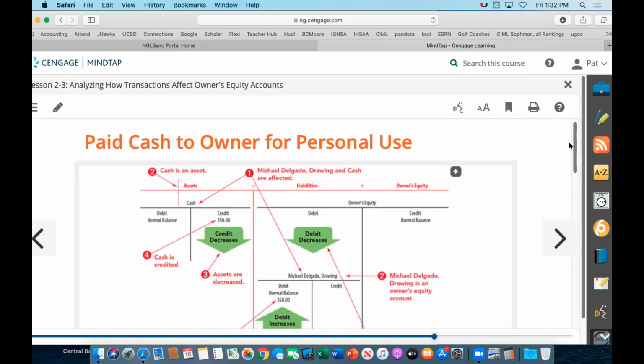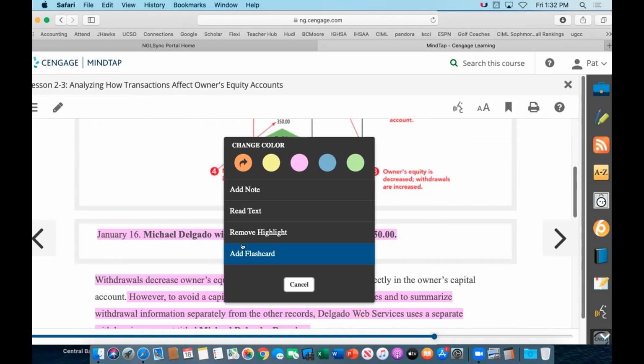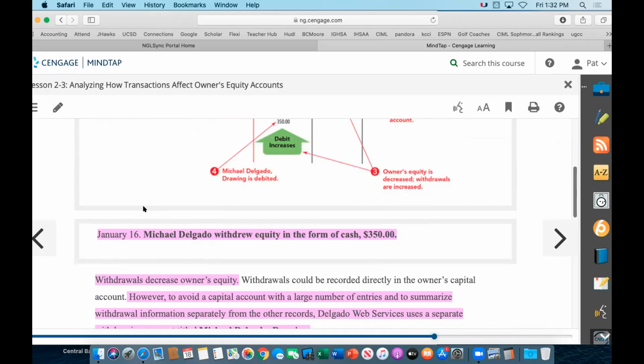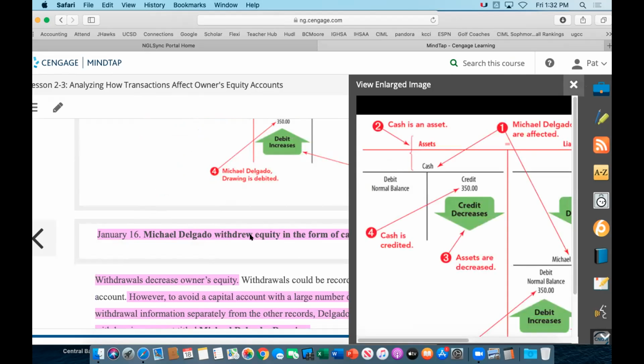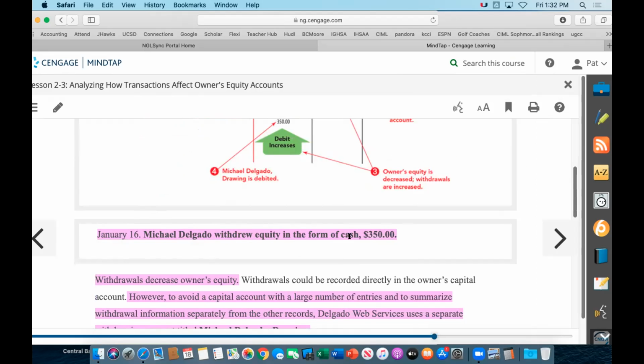Last one, paid cash to owner for personal use. I have it written that way on our sheet. But then they word it this way: withdrew equity in the form of cash.